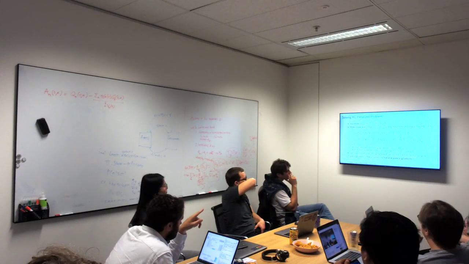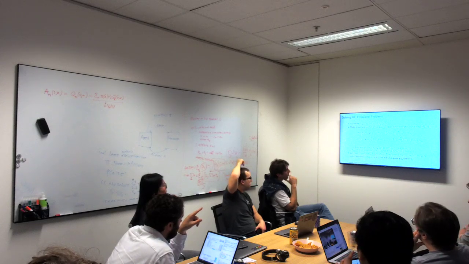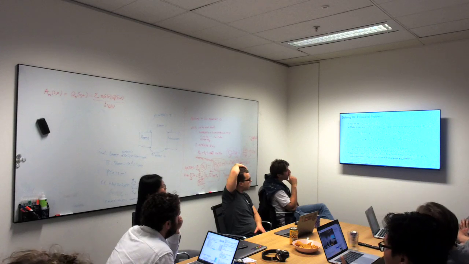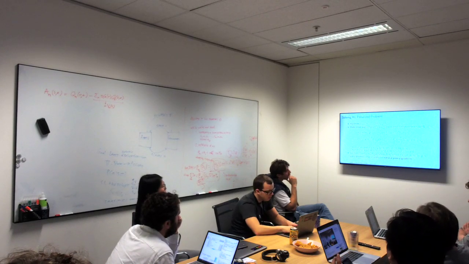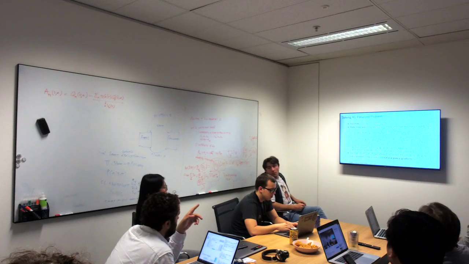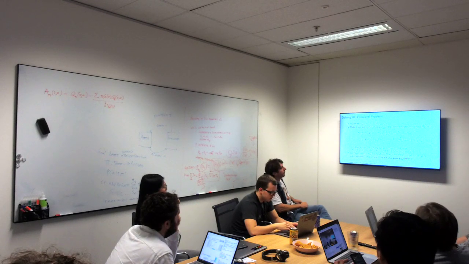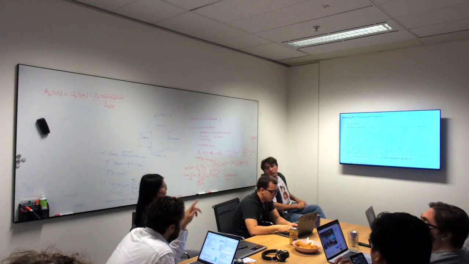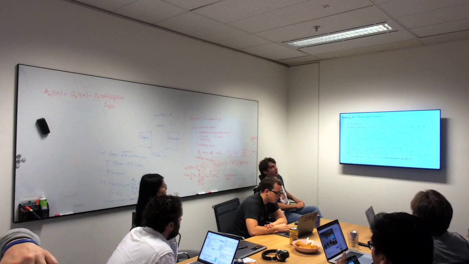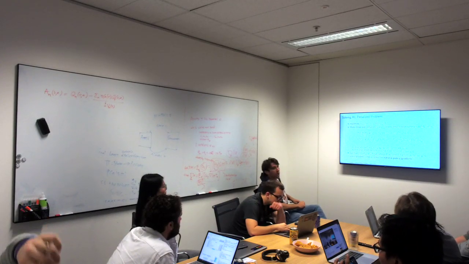I understand that the first order derivative of the KL divergence is 0, right? But the likelihood term in this loss function should have a second derivative as well, right?